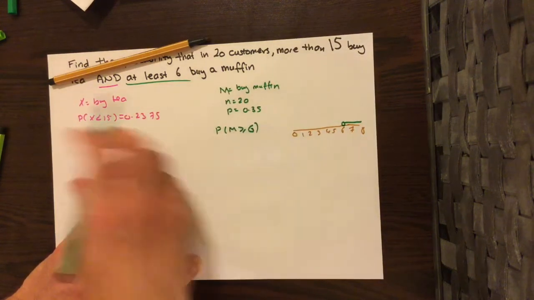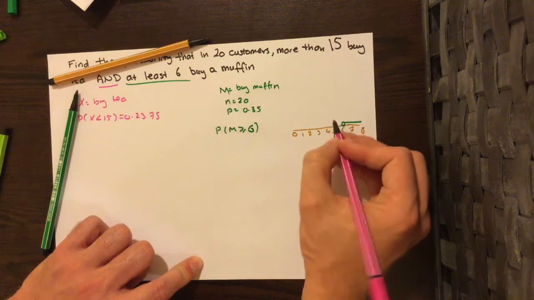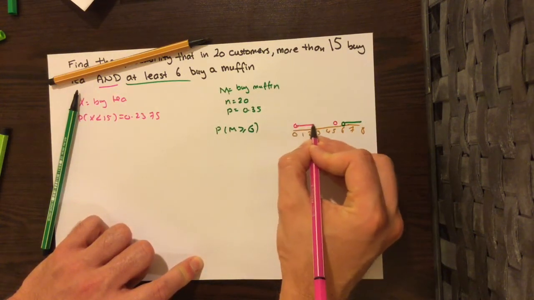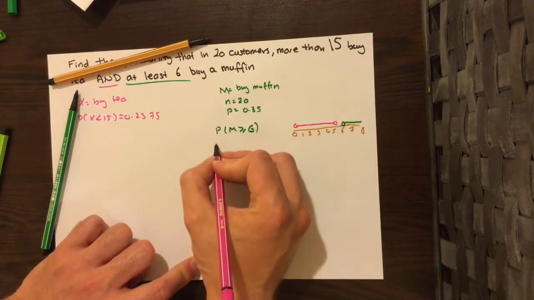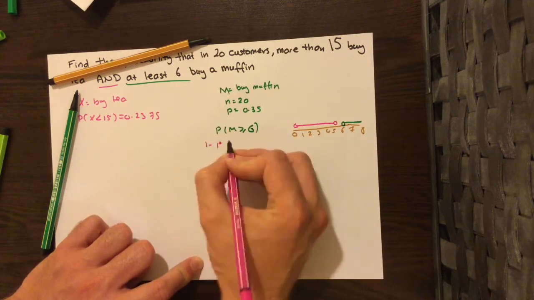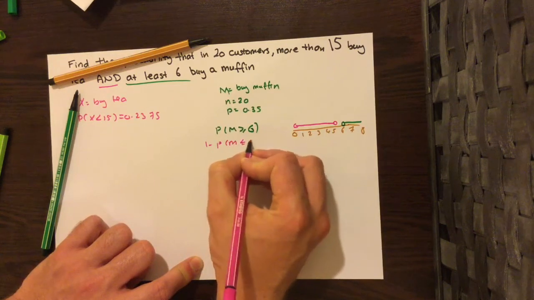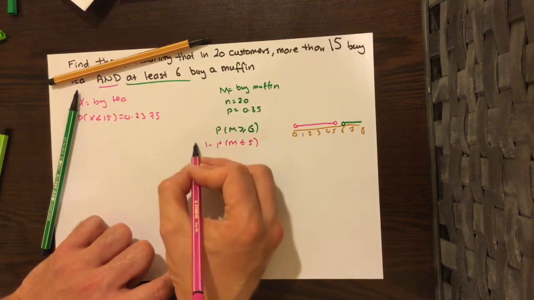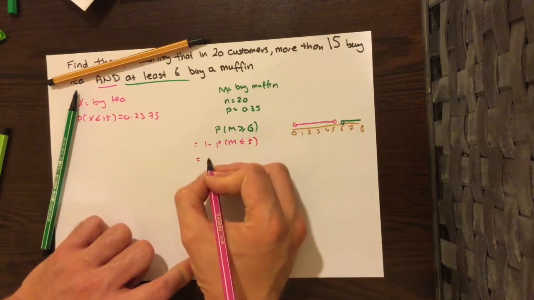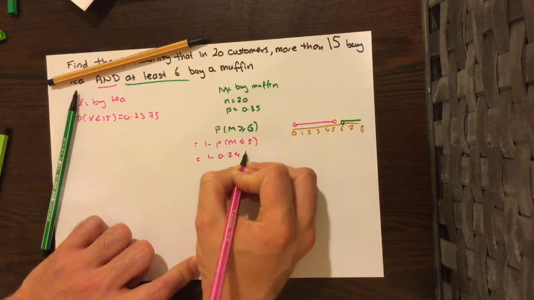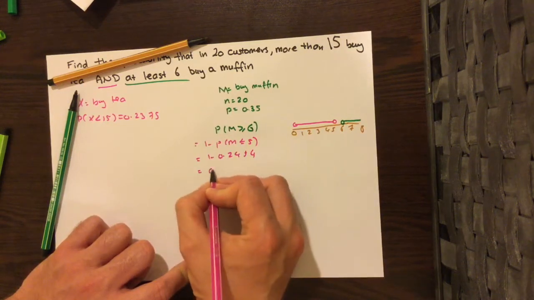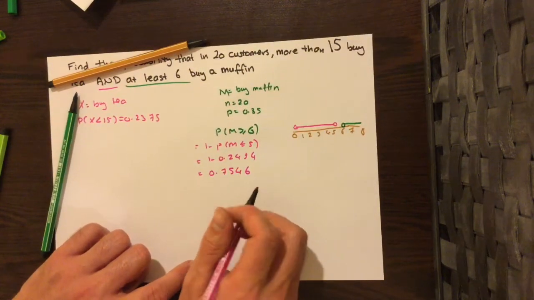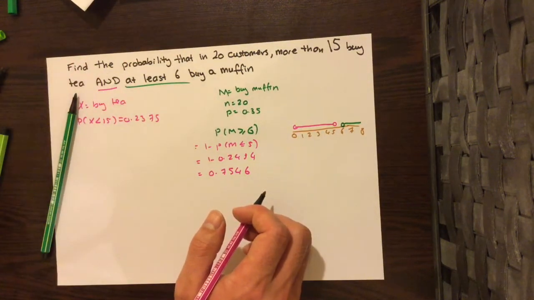It's not in our tables, and it's a pain to work out. So let's look at the opposite case. The opposite case is the chance that M is less than or equal to 5, which is in our tables. And if you look that up, that's going to give you 1 minus 0.2454, which is 0.7546.